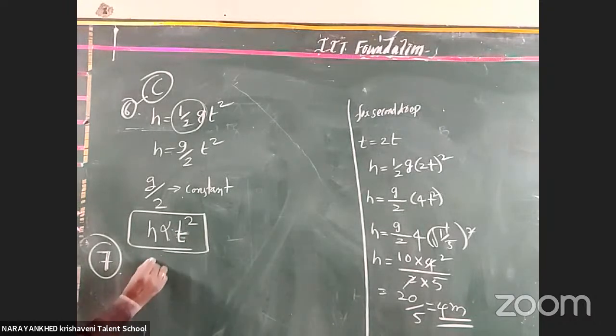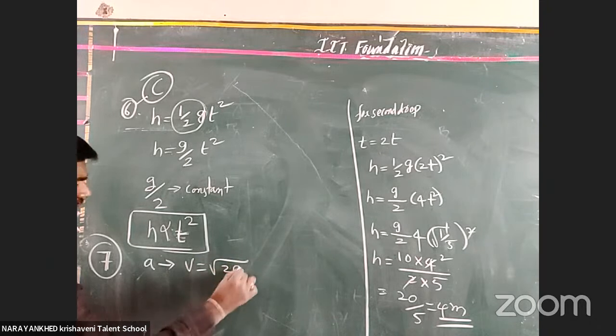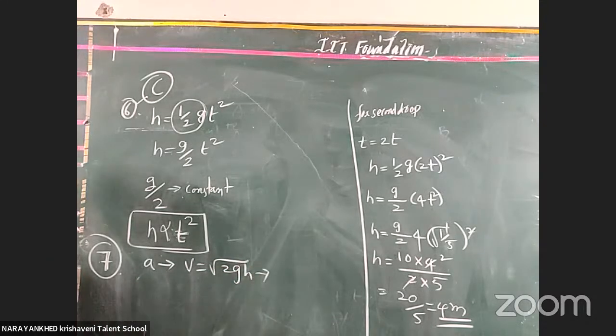A is the velocity of the body on reaching the ground, which we have already discussed. That is v equal to under root 2gh. The answer is that A is matched with S.